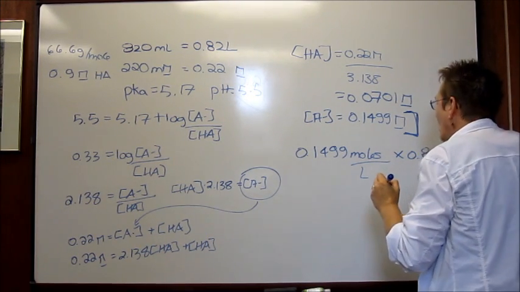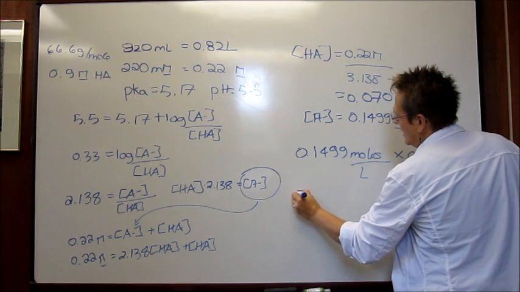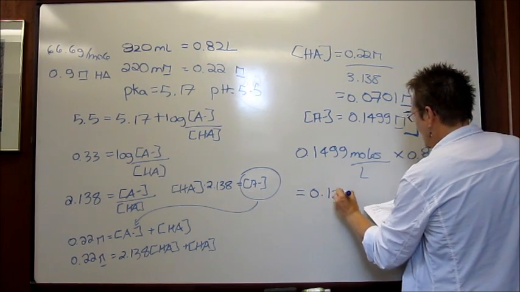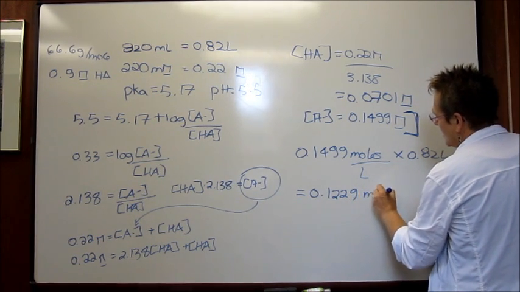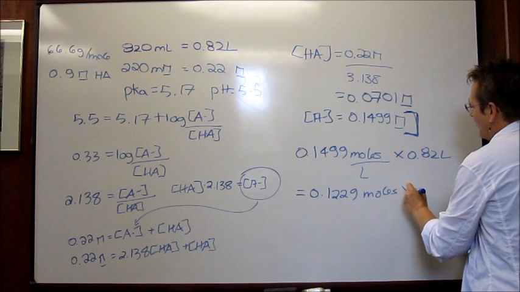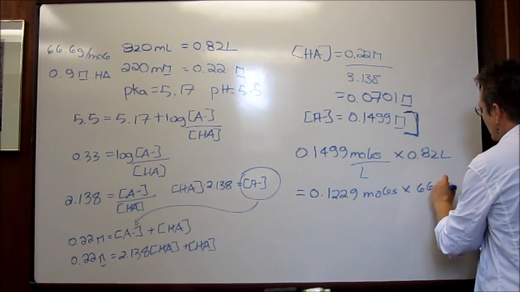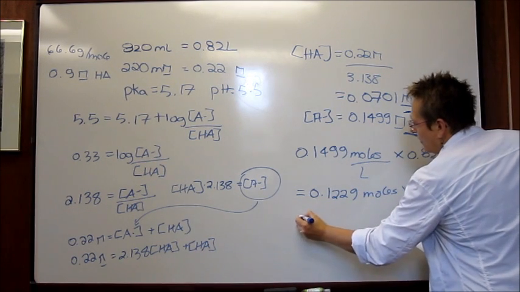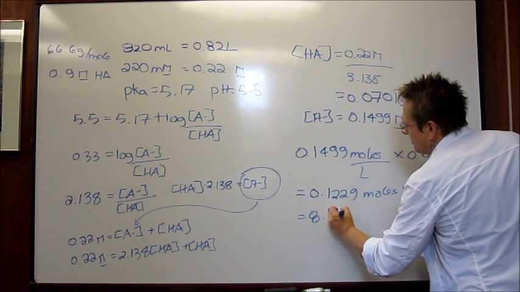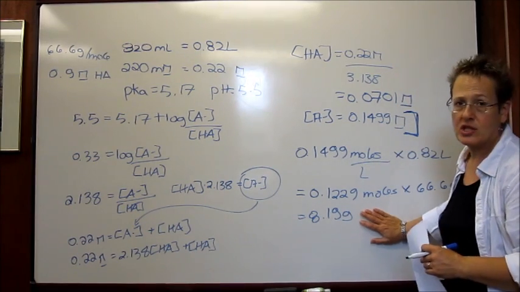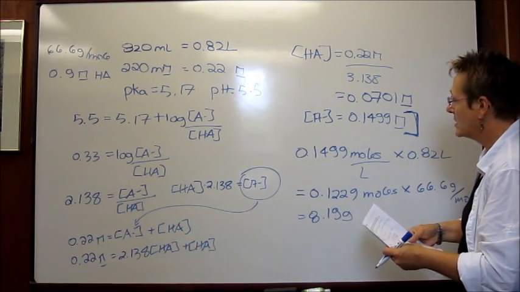Okay, so I need this many moles: 0.1229 moles. How many grams is that? I multiply by the number of grams per mole. And that gives me a value of 8.19 grams. So the first part of the question, the answer is 8.19 grams.